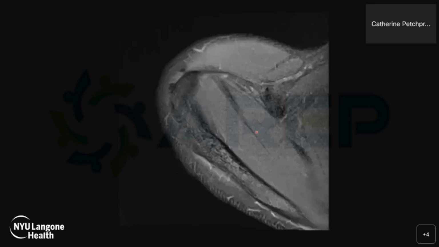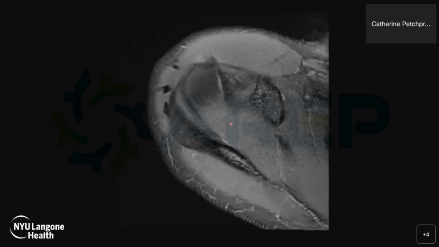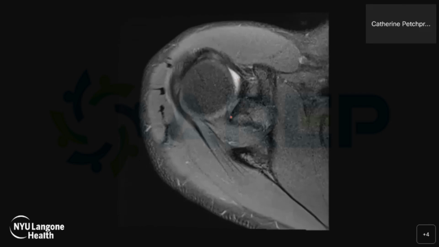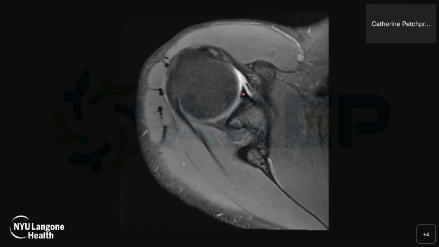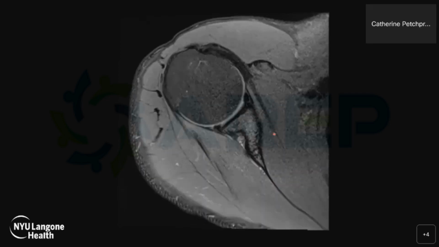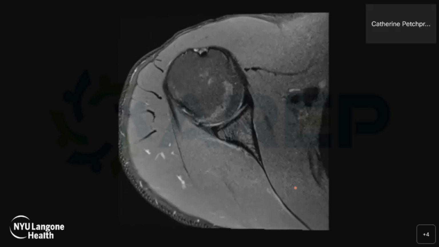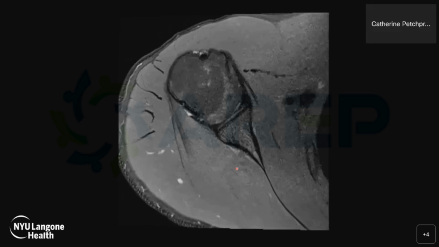Supraspinatus muscle and tendon, coracoid process, posterior labrum, and teres minor tendon and muscle.